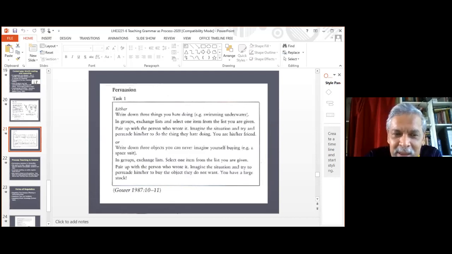So introverts, maybe you don't want to get them to speak. Maybe you want to get them to write, and then they can exchange notes, something like that, right? And at the end of the lesson, you can, if you want, read out some of the notes, whether the introvert will read it out or maybe you as the teacher will read it out.